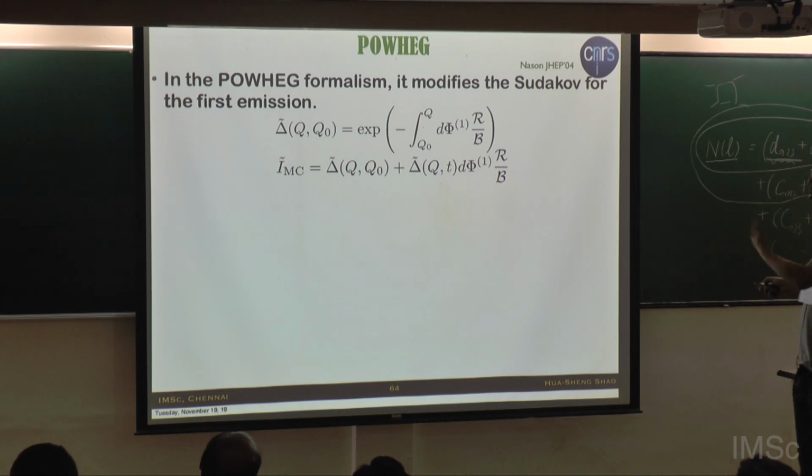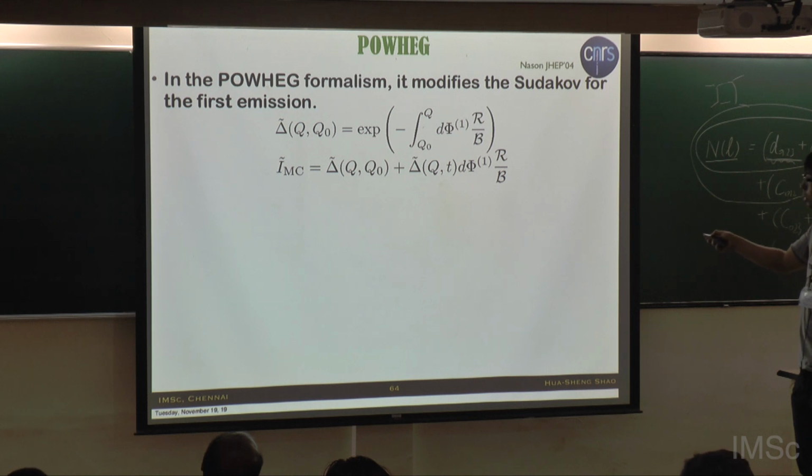So another way is POWHEG, in fact. What POWHEG does is try to modify the pseudocode for the first emission. So they change the pseudocode. Right now, I put back the scale, or scale squared, I mean. The pseudocode is the real matrix element over Born times the one-body phase space integration. And my shower operator right now is delta tilde, with emission according to the real, okay?